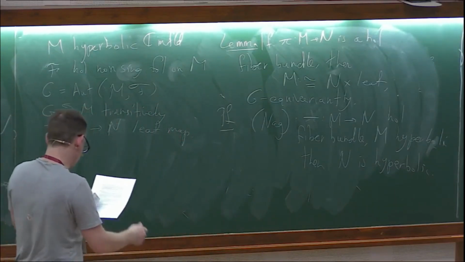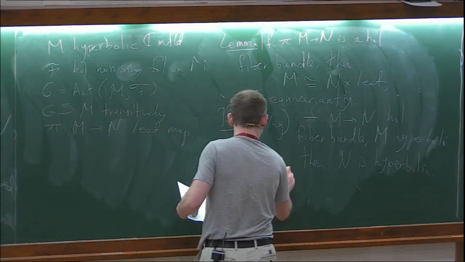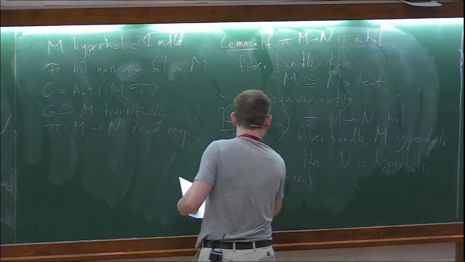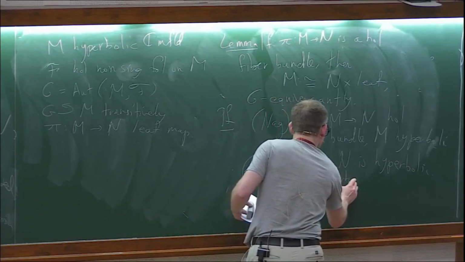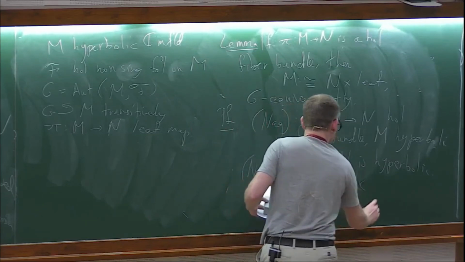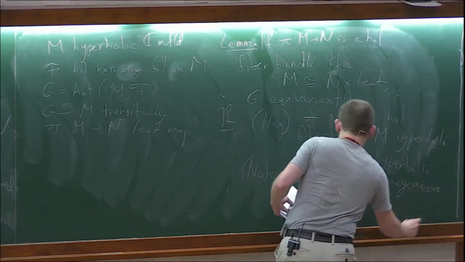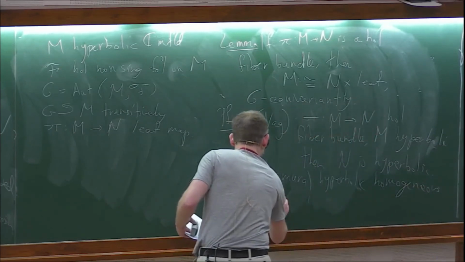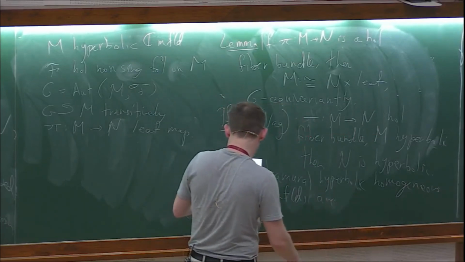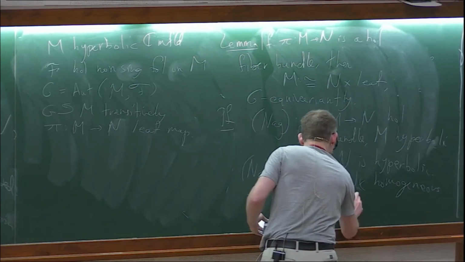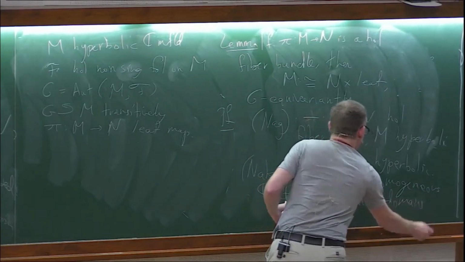And then there's a rather strong result of Nakamura, which says that hyperbolic homogeneous complex manifolds are, in fact, convex domains in C^n.